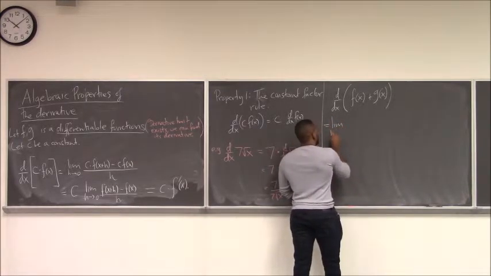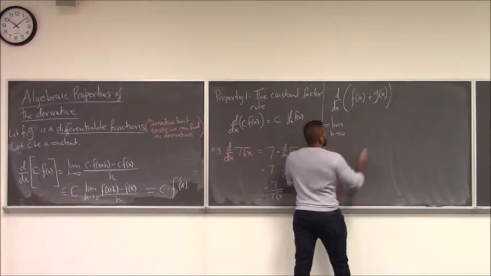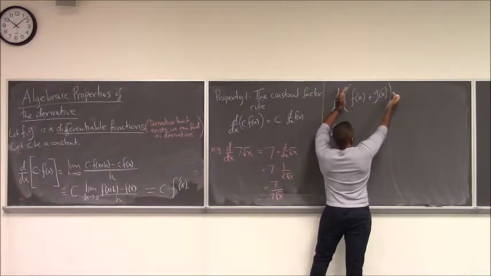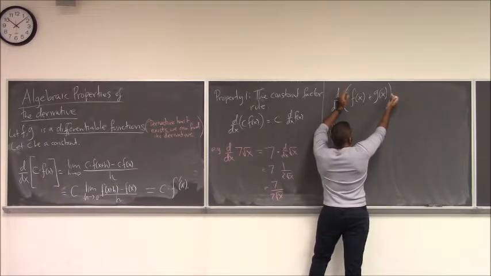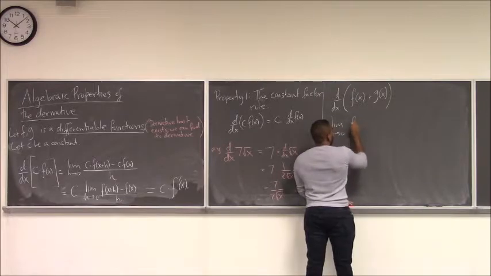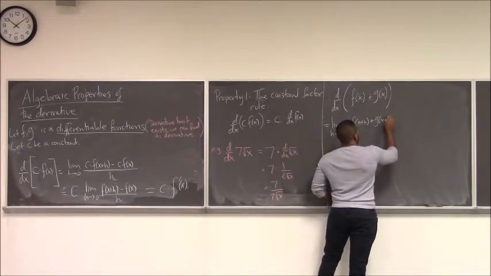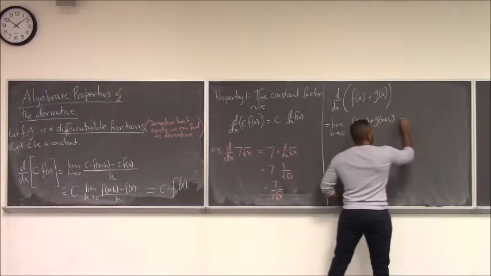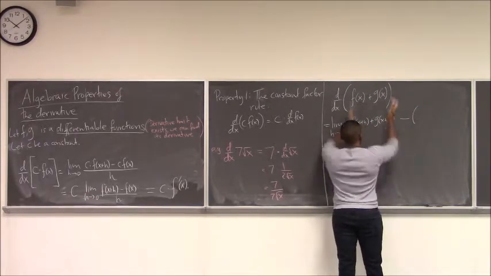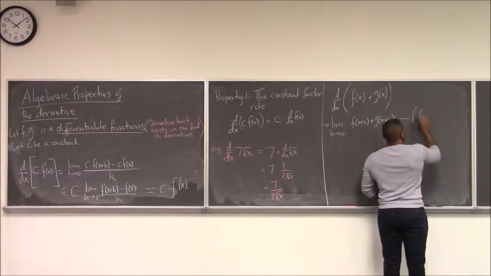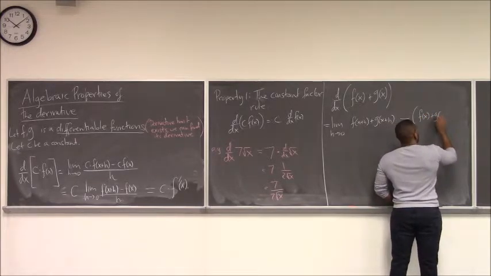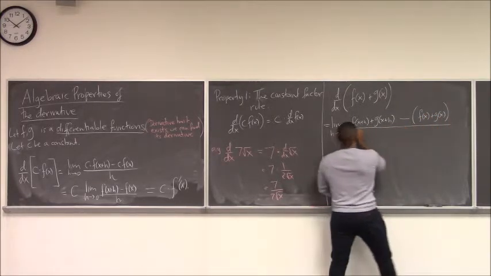It's going to be the limit as h approaches 0 of this function at x plus h. That just means everywhere I see an x, I'm going to replace it with x plus h. So that's f of x plus h plus g of x plus h minus, open parentheses, the original function, which is the sum, f of x plus g of x, over h.